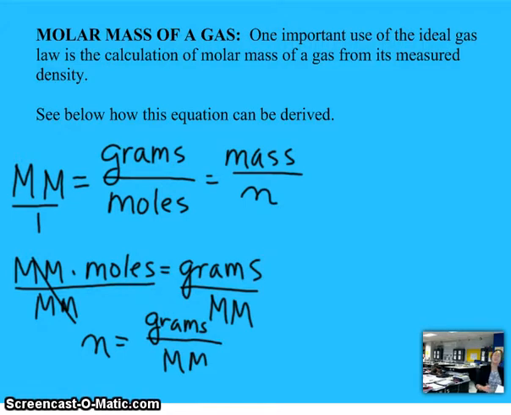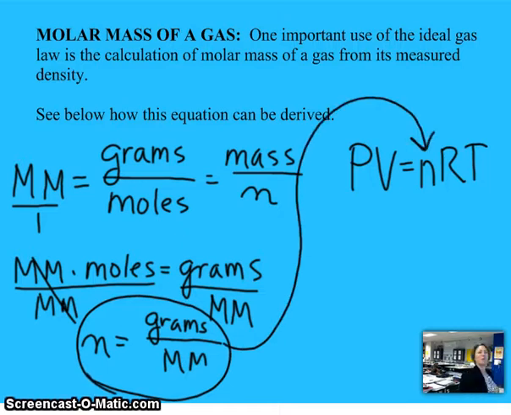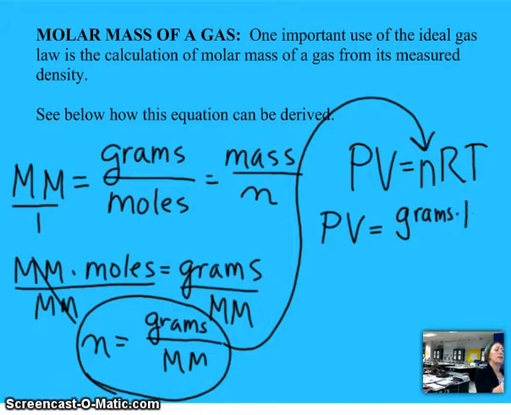Okay, now let's relate this to the ideal gas law, PV equals nRT. We can substitute this grams over molar mass in for n. So PV equals grams times R times T over molar mass, right? If we substitute that in for n.